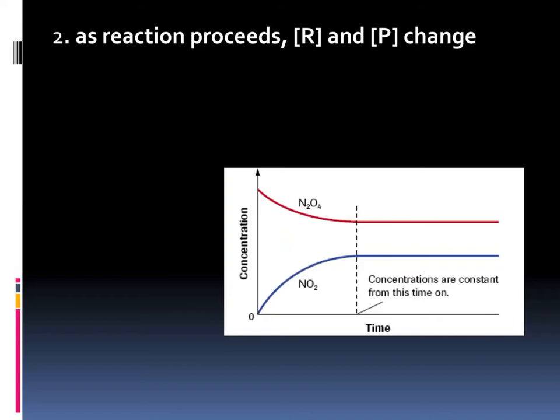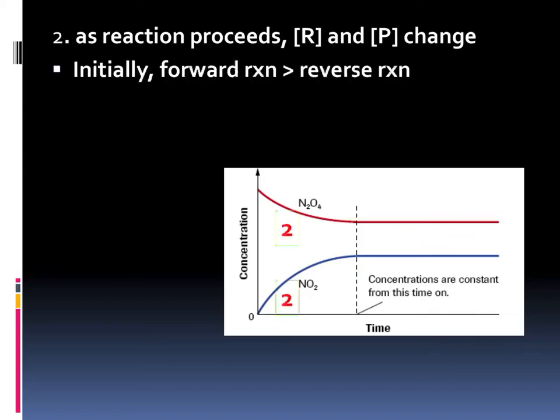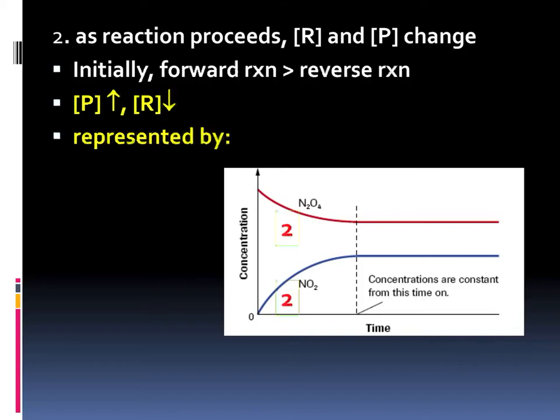Now we've got a high concentration of reactants, and the products are starting to increase as well. Initially the forward reaction, which is what you're normally used to, is greater than the reverse reaction. So the product is increasing and the reactant concentration is decreasing.